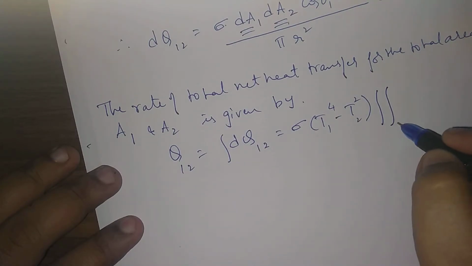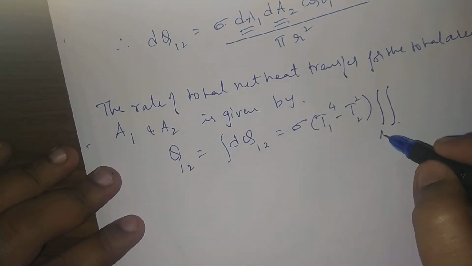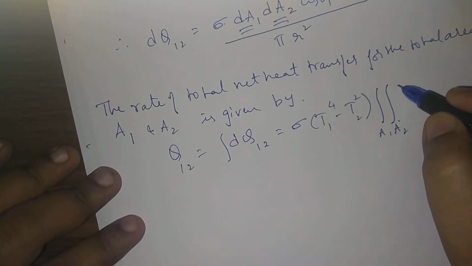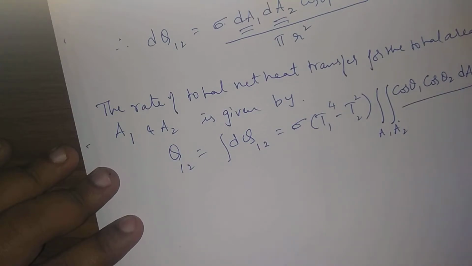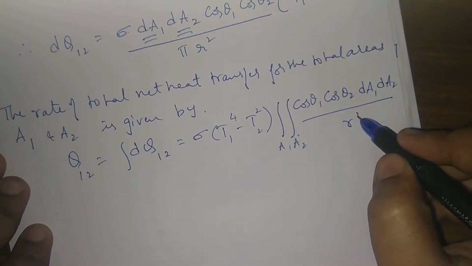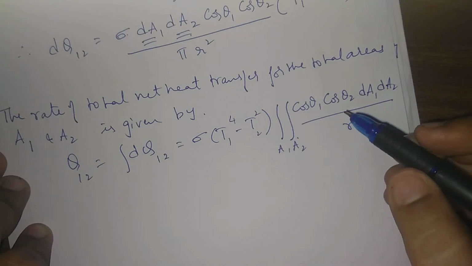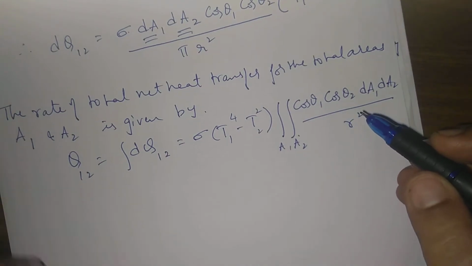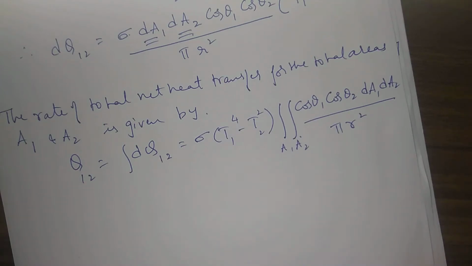Since we have dA1 and dA2, we need to do the surface integral between A1 and A2, so you write all these things, cos theta 1, cos theta 2, dA1, dA2 divided by pi r square. So all these things are there here.